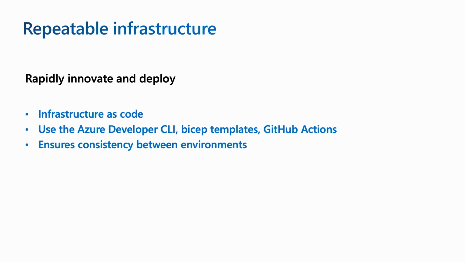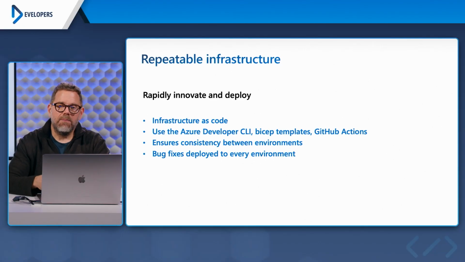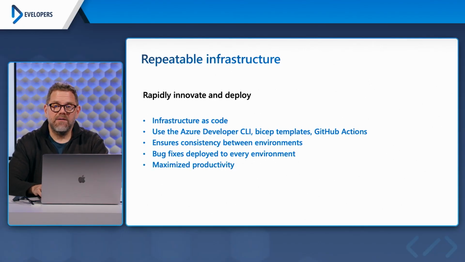I now am free to both debug or innovate, knowing that what I have running locally, where I'm developing, is going to be applied to production, and bug fixes. I can be sure automated deployments are going to be deployed to every single environment.